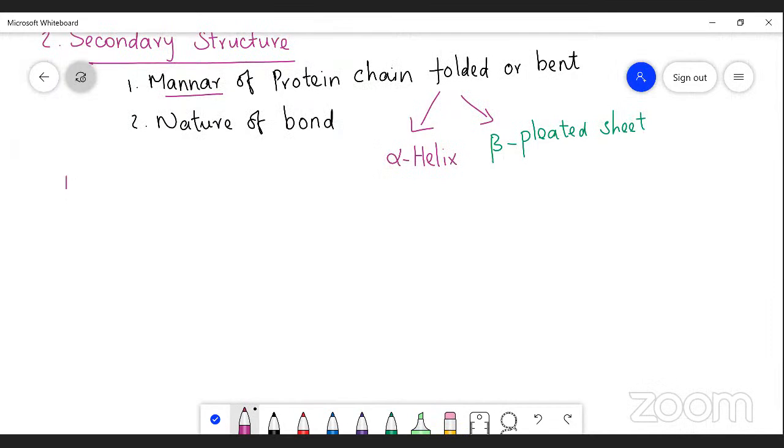Now, the alpha helix structure is formed by the coiling of alpha amino acids in a right-handed screw.